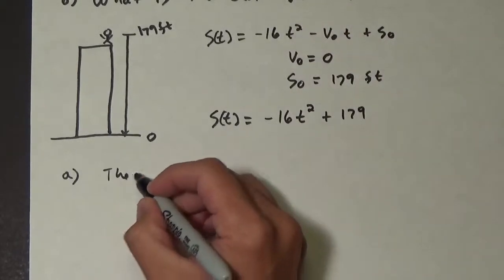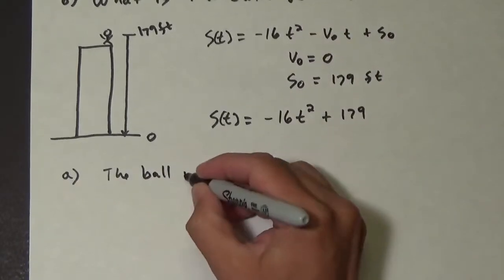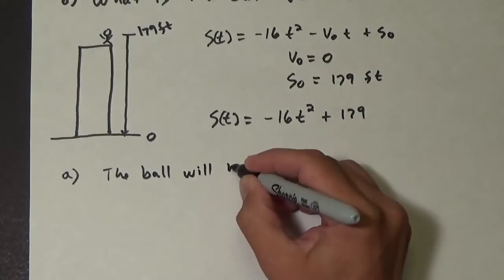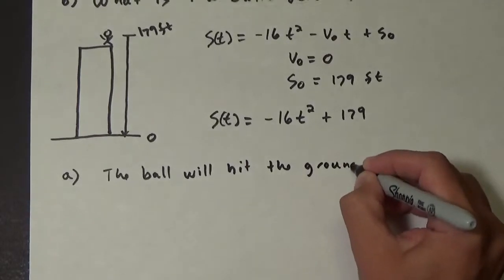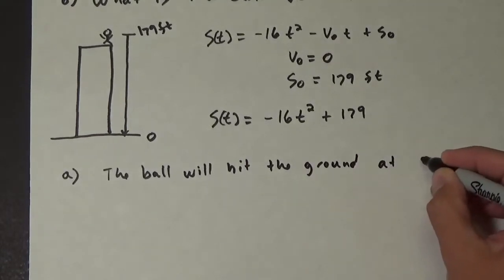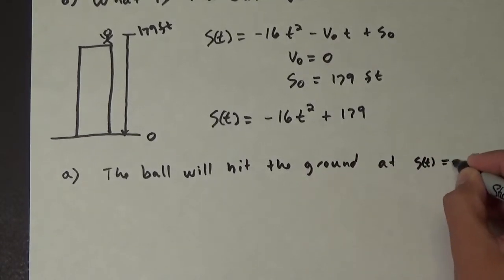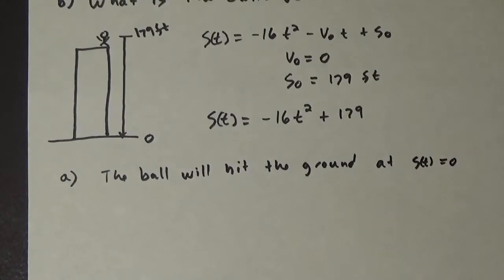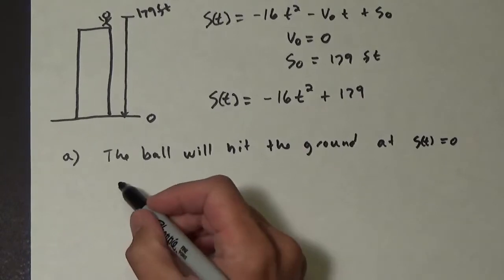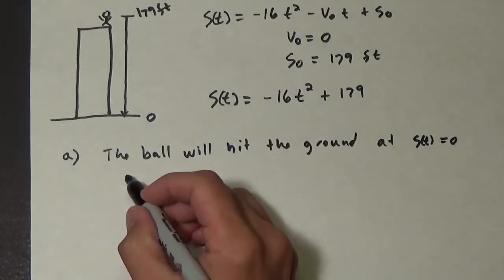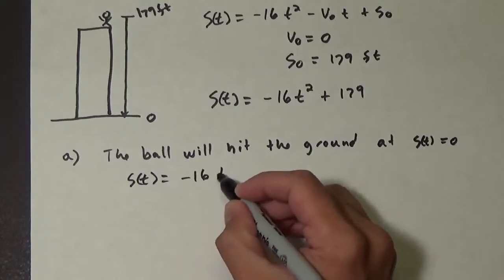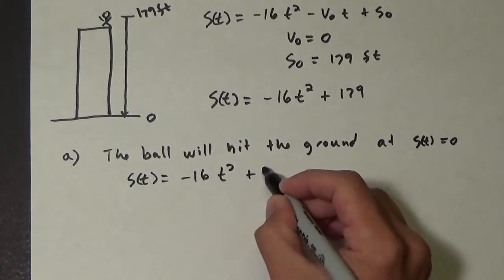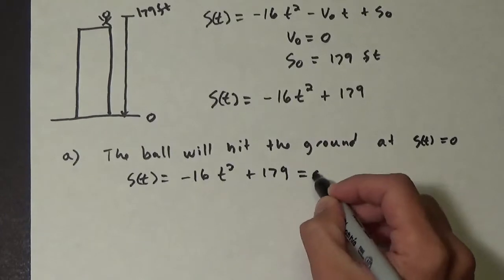So the ball will hit the ground at s of t equals 0, when the position is 0. That means we need to solve s of t equals negative 16t squared plus 179 equals 0.